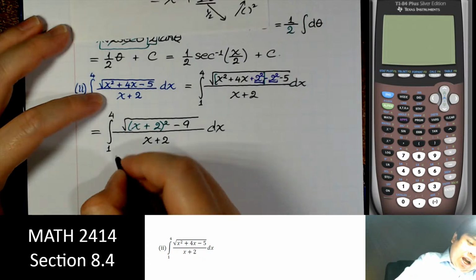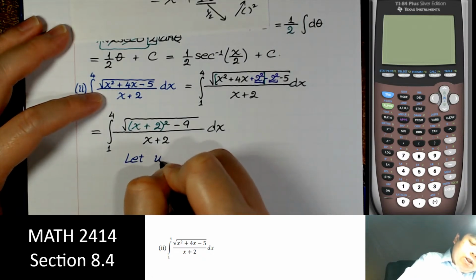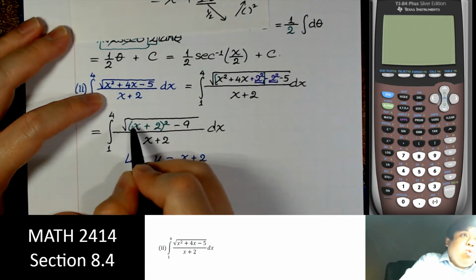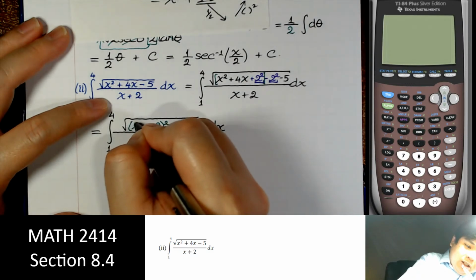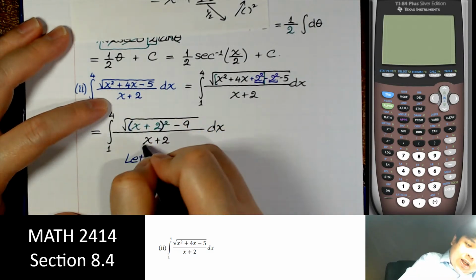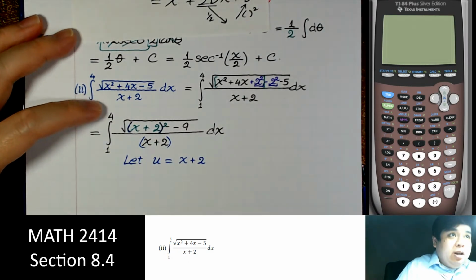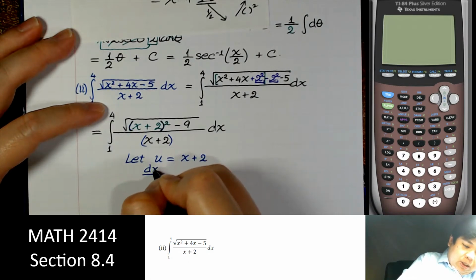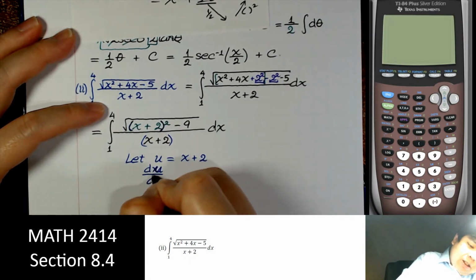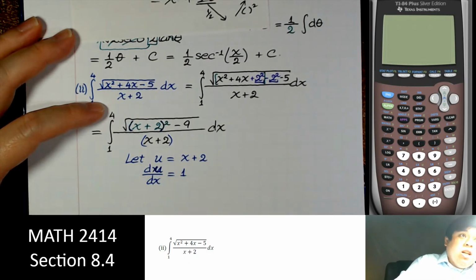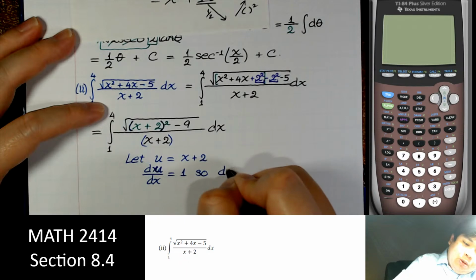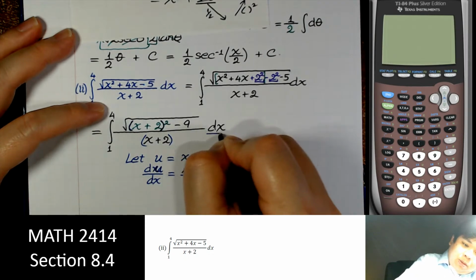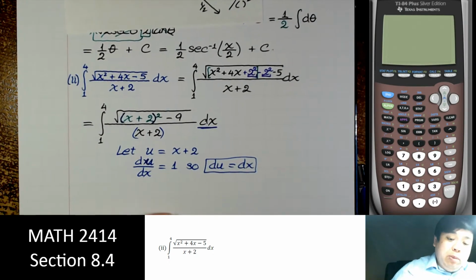So what I do is I will let u equal to x plus 2. So I will turn this into just one variable. And also x plus 2 at the bottom. When u equals x plus 2, derivative du over dx is equal to 1. Move the dx over. We have du equal to dx. And then also the limits.